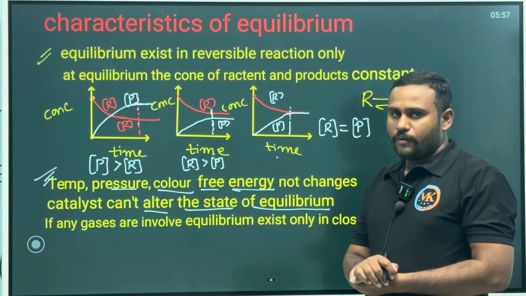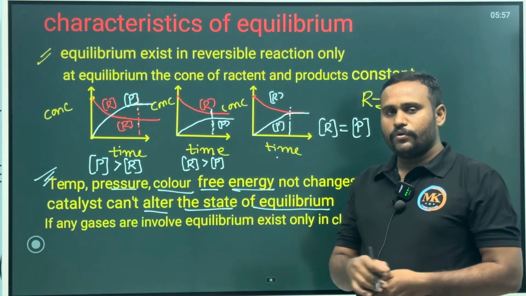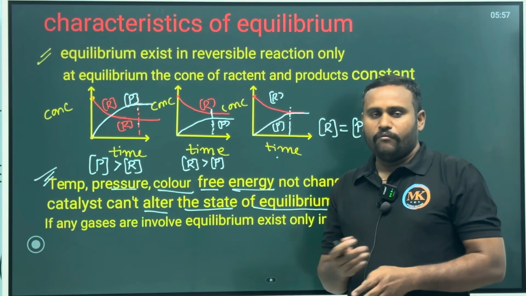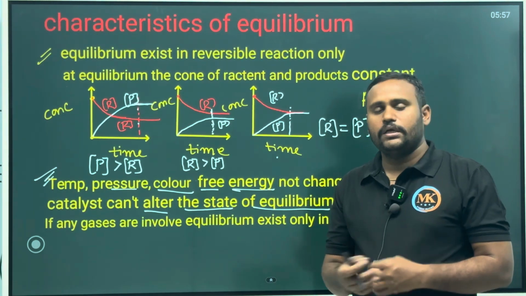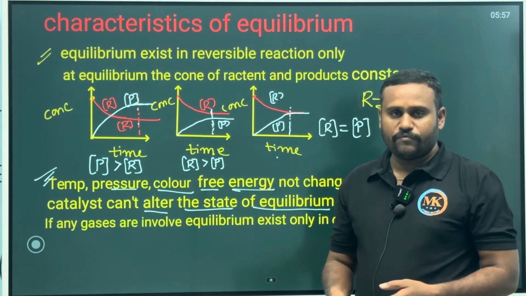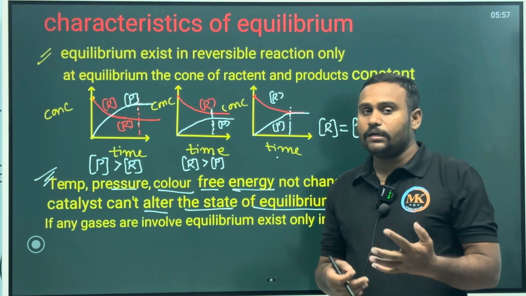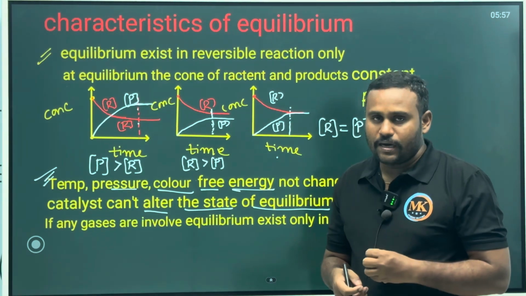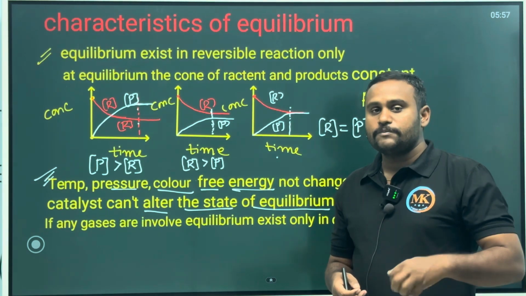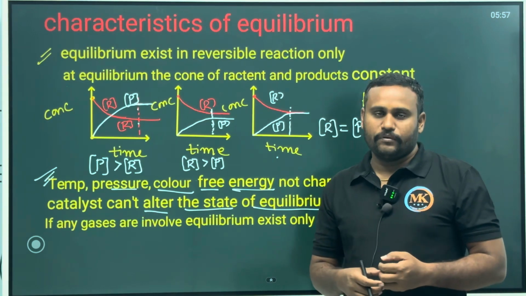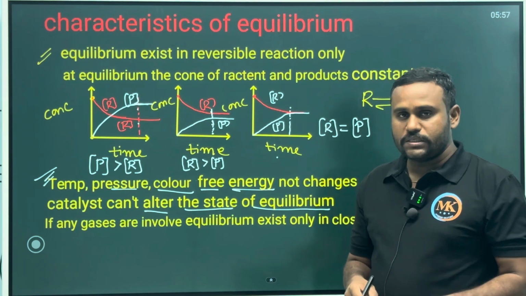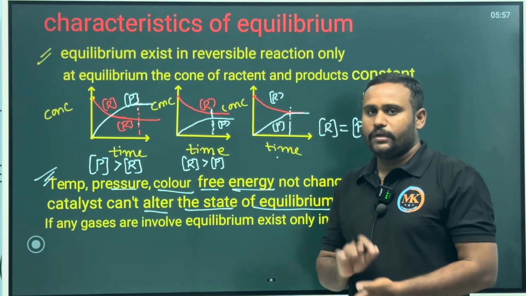See, in the absence of a catalyst, equilibrium is going to be attained within 10 minutes. Consider that when you add a positive catalyst, the equilibrium may be reached within 5 minutes. So a catalyst can decrease the time or speed up the equilibrium. Within a short time only, the equilibrium is going to exist in the presence of a positive catalyst.